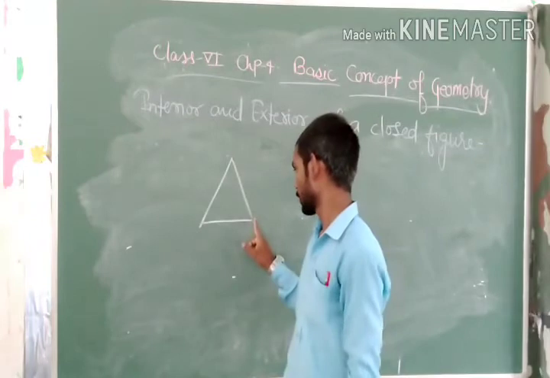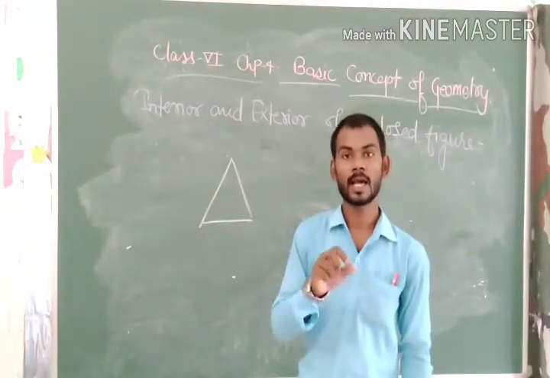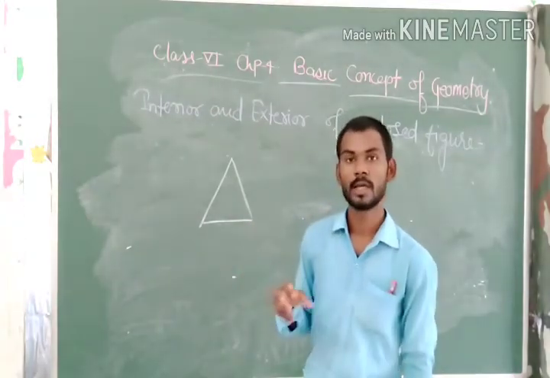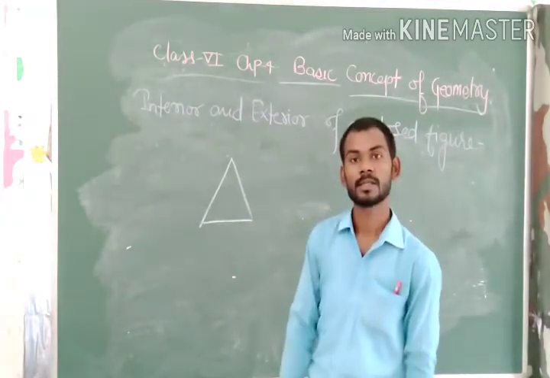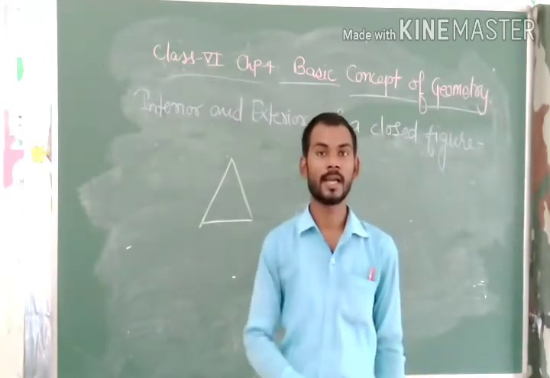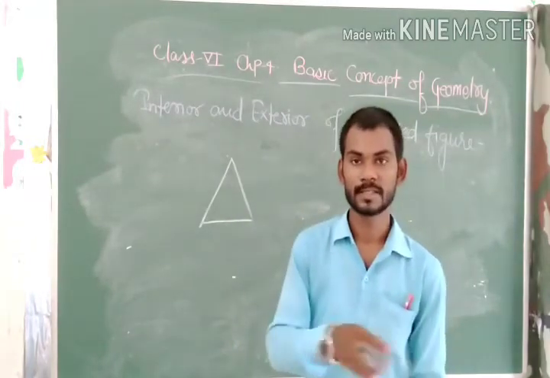The point at which two sides are joined is called a vertex, and these two lines that join at the vertex are called adjacent sides.